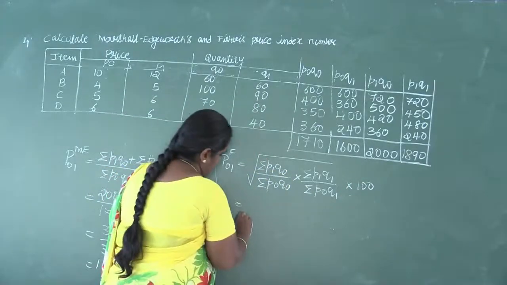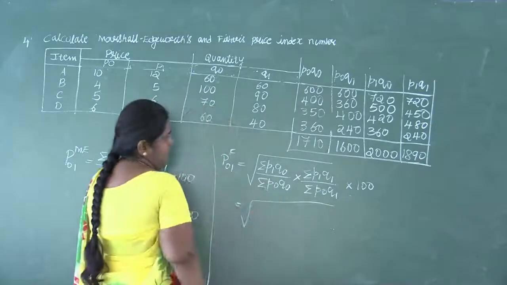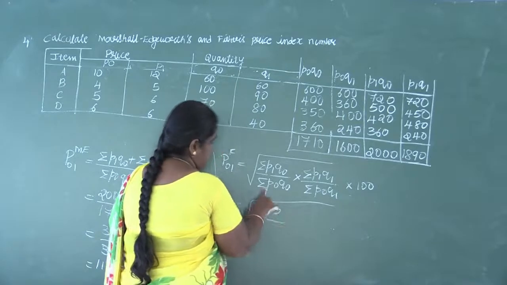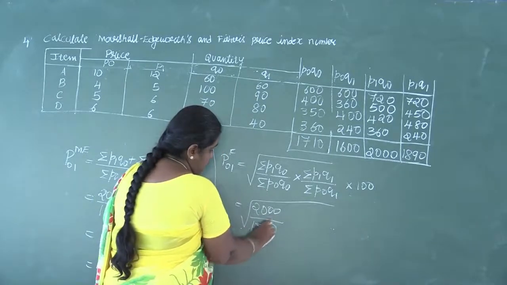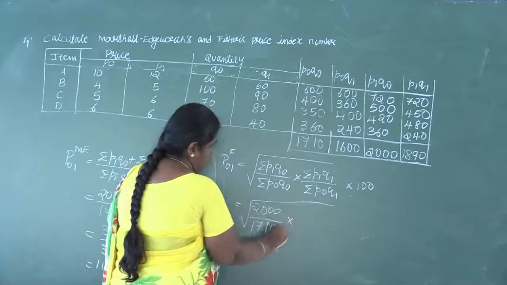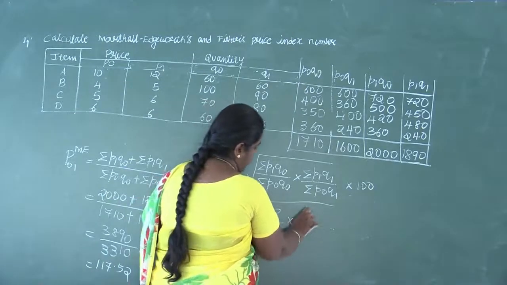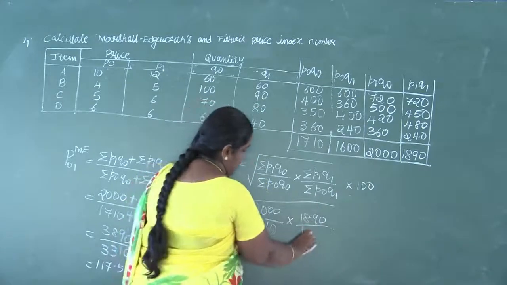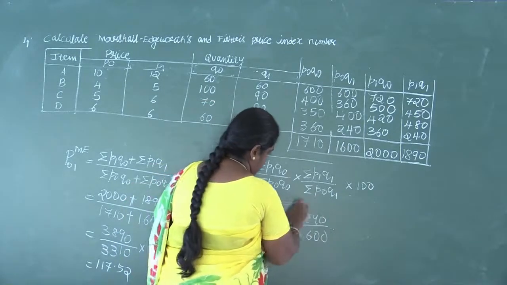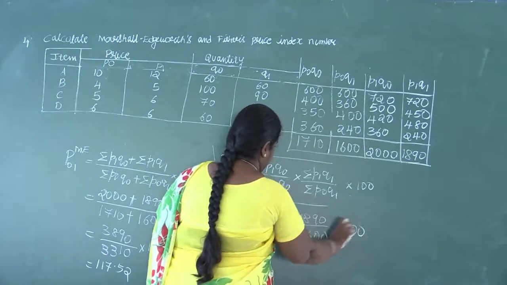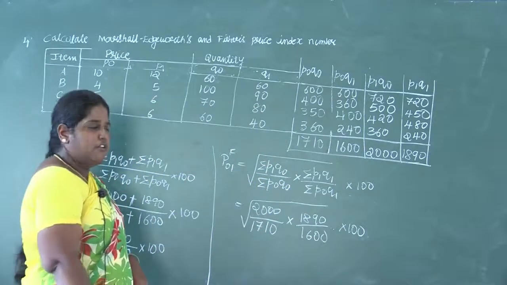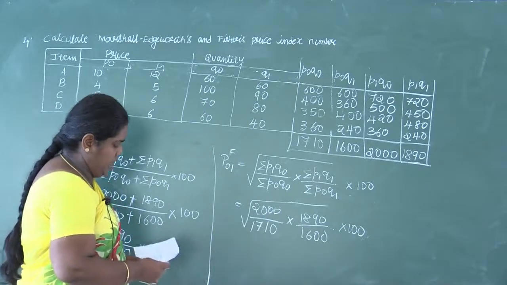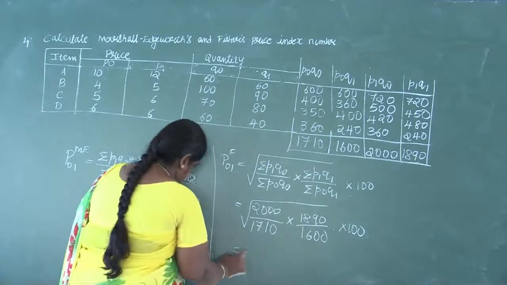We are using the second method of calculation for this, since we have not calculated the Laspeyres and Paasche's index number. Now substitute for this. P1 Q0 is 2000 divided by P0 Q0 is 1710 into P1 Q1 is 1890 divided by P0 Q1 is 1600, into 100. So I'll be multiplying the numerator, multiplying the denominator and then simplifying it so that we won't get any point variation in the final answer.